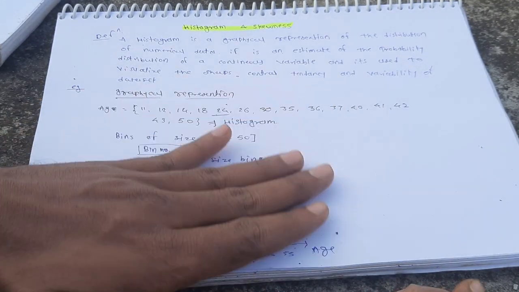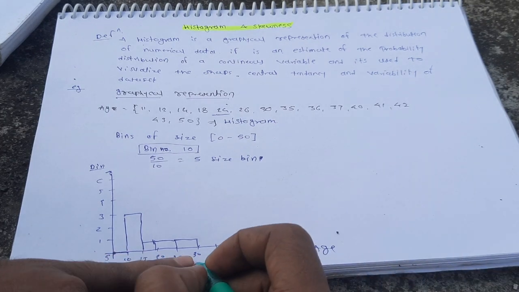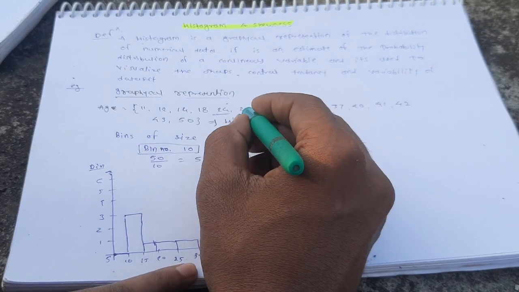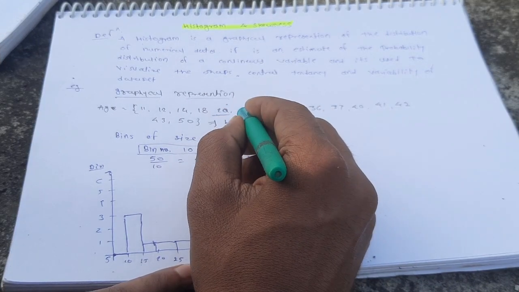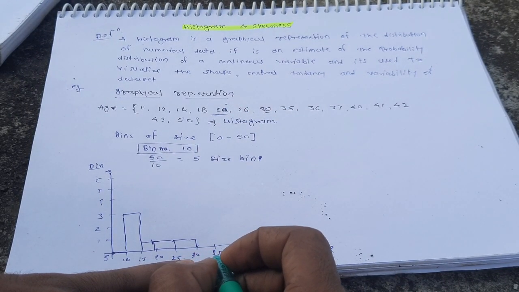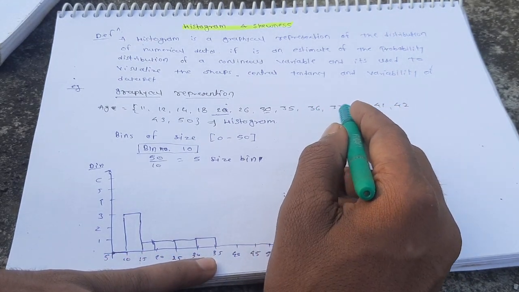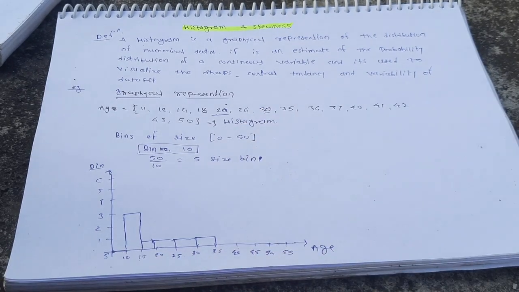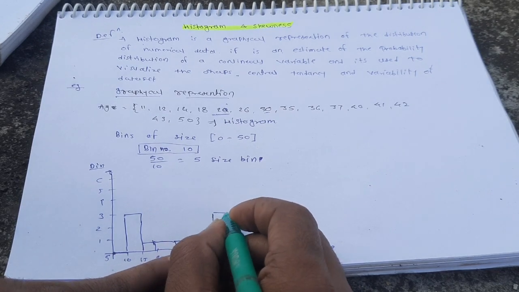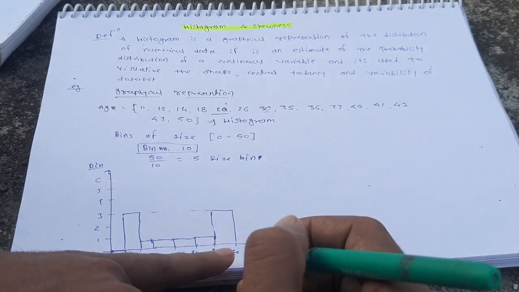We have 30, but we are not considering 30 in the 25 to 30 range. We have just one value, 26. Between 30 and 35 there is just one value, and 35 to 40 has three values. We are not considering the 40. So we have 3 points, and the plot looks like that.